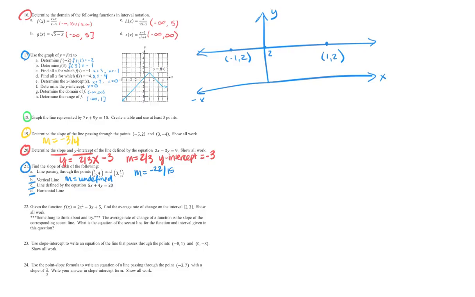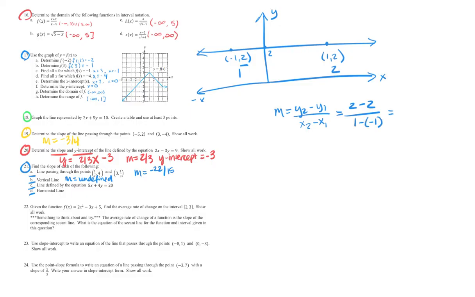So now that we have that, let's use the form m equals y2 minus y1 over x2 minus x1 to demonstrate this. So for y2, we'll use this point, and for y1, we'll use that one. So y2 will be 2, and for y1, we'll use 2 as well. For x2, we'll use 1, and then for x1, we'll use negative 1.